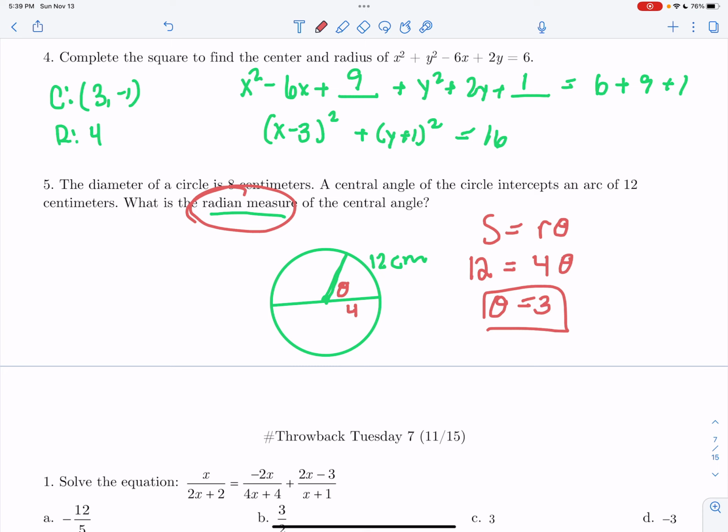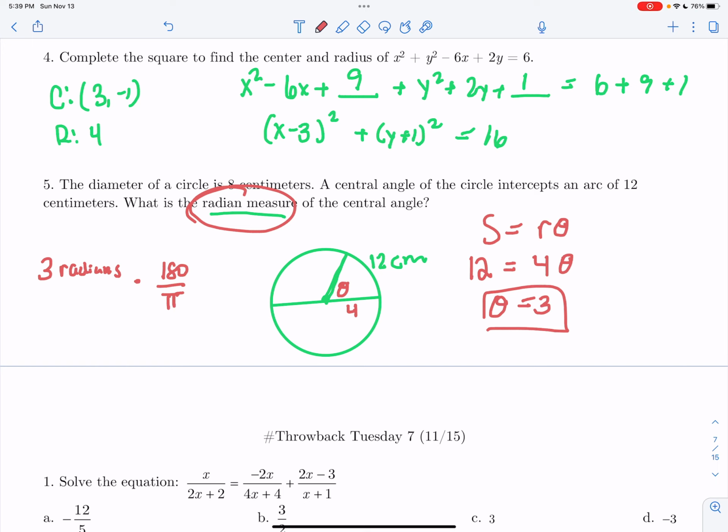Now, remember that you may be expected to convert this into degrees. So if I have 3 radians, then I'm going to multiply by 180 over pi. That's going to give me my degrees.